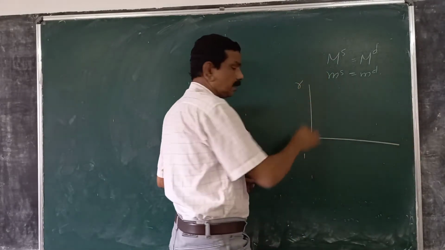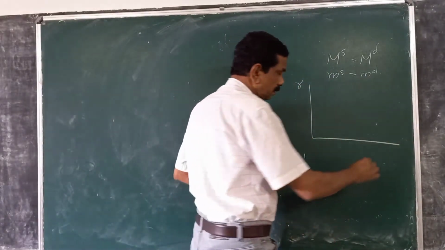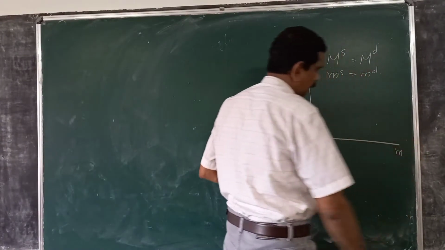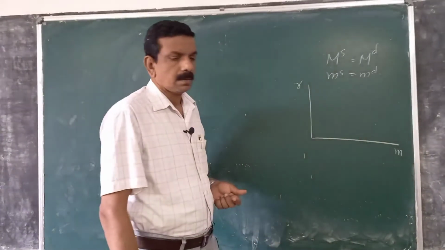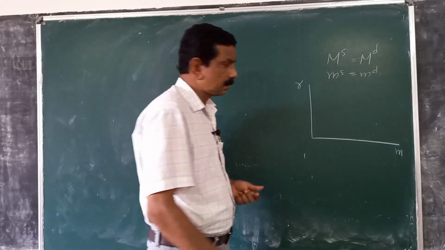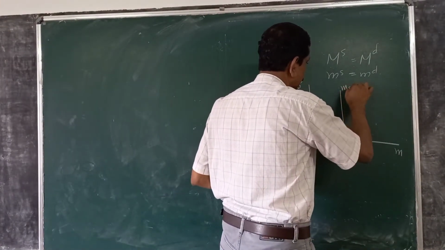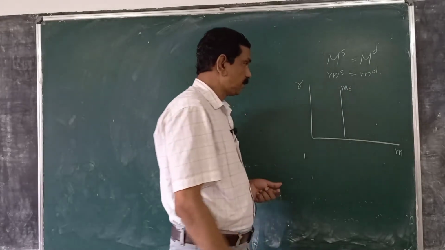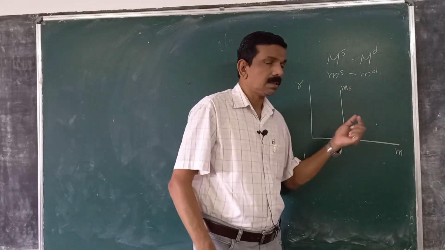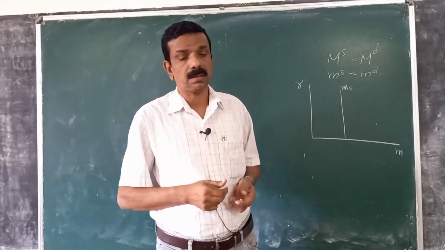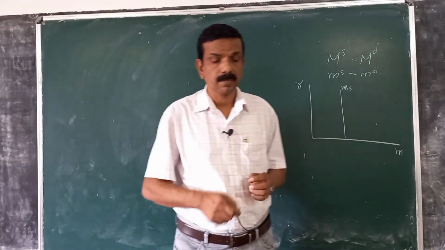On the axes are the rate of interest and money. Now we assume that the real stock of money is constant at MS. This real stock of money is a function of the policies adopted by the central bank.